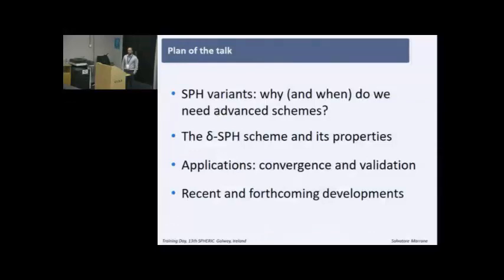I will get into the details of how we derive the Delta-SPH scheme and which are the peculiarities of this scheme. Some applications of Delta-SPH, showing also convergence and validations, and some recent developments and some perspectives of this scheme.